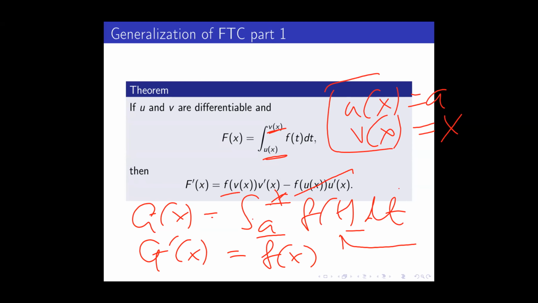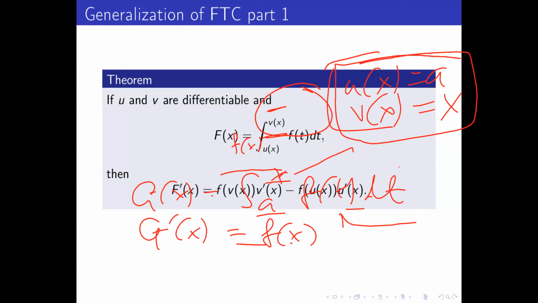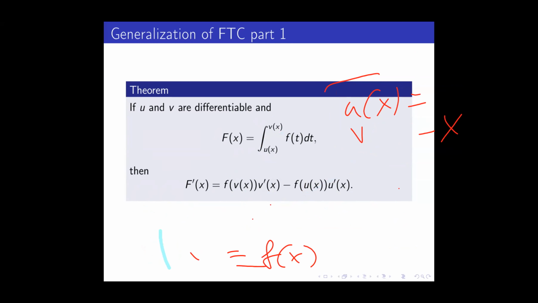And v(x) is x, so v prime is 1, and so this term is exactly f(x). So it gives us exactly the same formula as before in this particular case. However, this formula works for much more general intervals. So let's see how we prove this, and then we go over some examples.